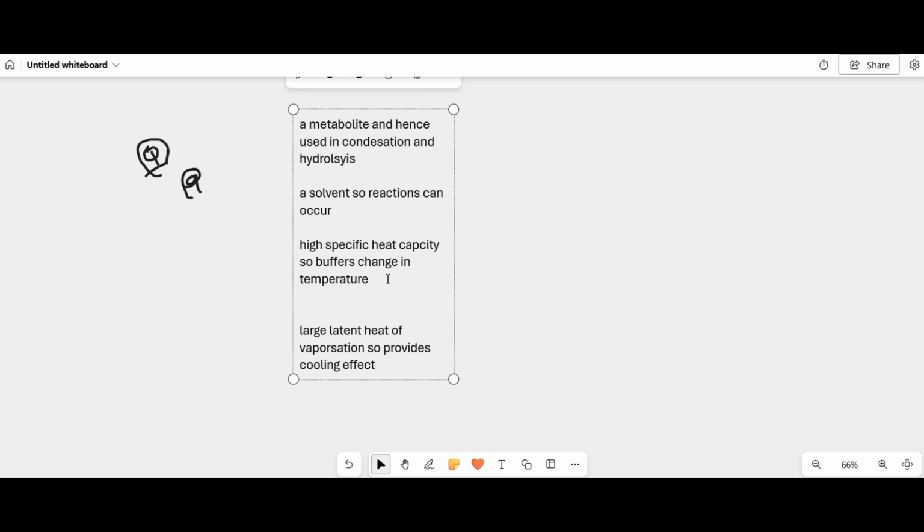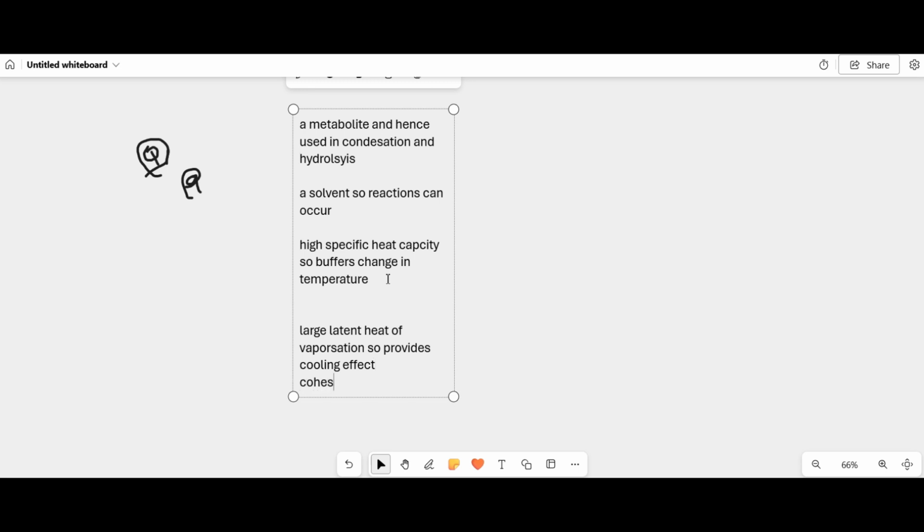If something had a low latent heat, a little bit of heat and it would be evaporating, like ethanol. But water needs a lot of heat to reach those levels. So when it does evaporate, it's going to take a lot of heat with it. When you sweat, it makes you cool down, because it took a lot of heat to get water to that stage where it can evaporate.